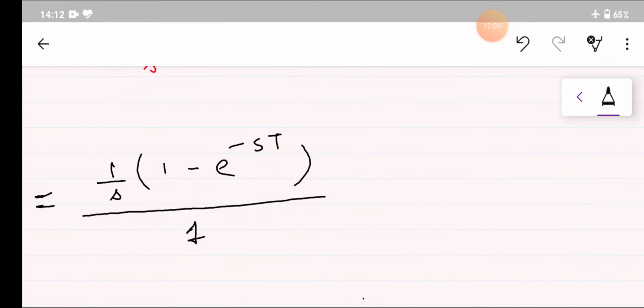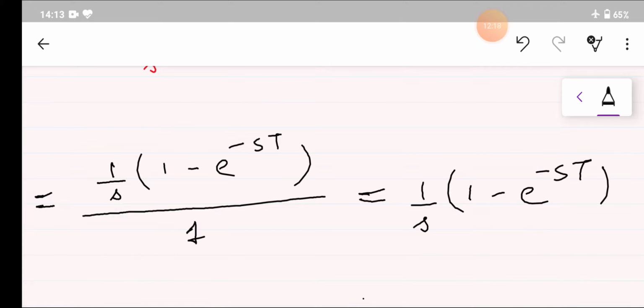So finally we have a solution here as 1 by s, 1 minus e to the power minus sT, which is the transfer function.